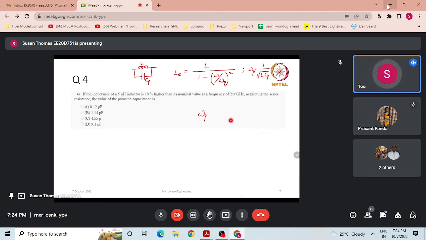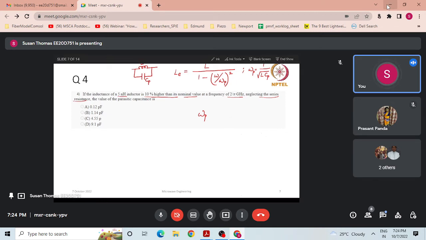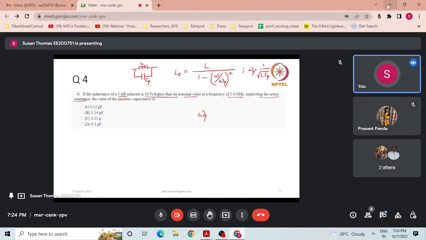If the inductance of a 5 nanohenry inductor is 10% higher than the nominal value at a frequency of 2 by pi gigahertz, neglecting the series resistance, find the value of parasitic capacitance. There is a very important assumption being made here. The inductor has leads which have resistance, so that is a series resistance.